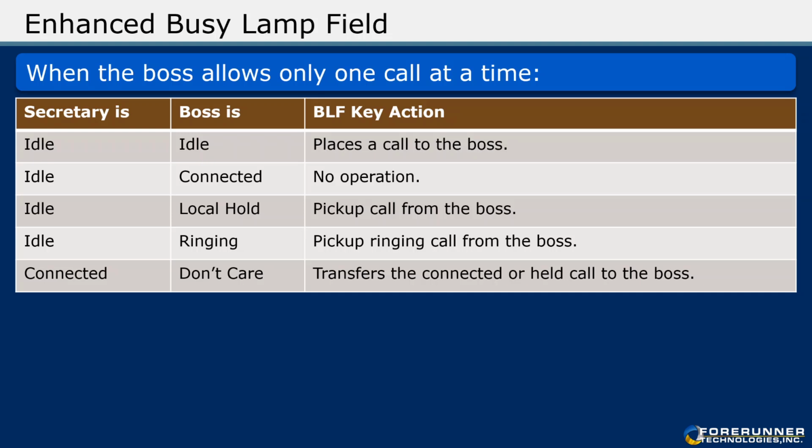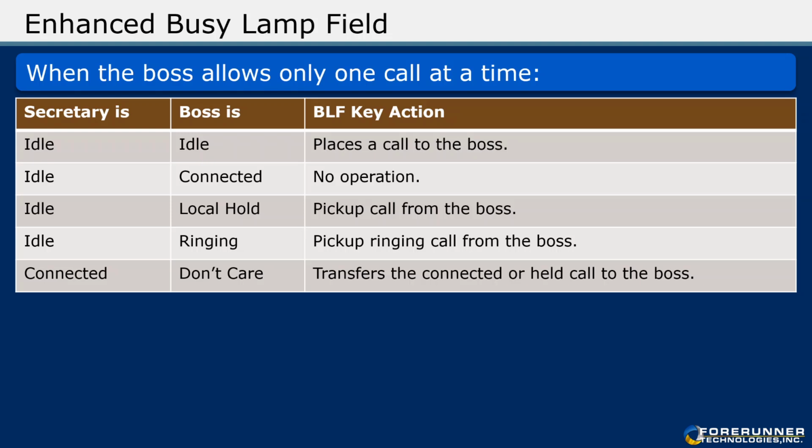Remember that the system allows more than one call on the same extension. This is done through the class of service. I can allow only one call or more than one call.